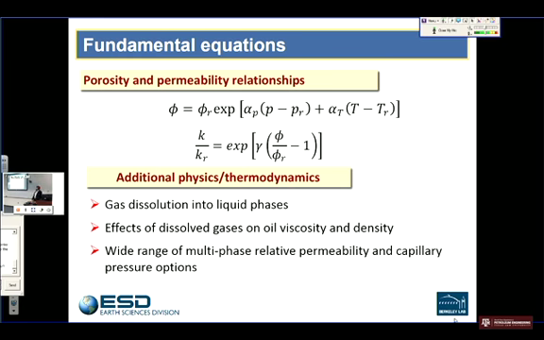We have some simplified geomechanics built in. Of course, we have the typical porosity dependence on pressure and temperature deviations. However, in addition to this, we have the model by Rutqvist and Zhang that describes the permeability relationship to changes in porosity. This is very good.